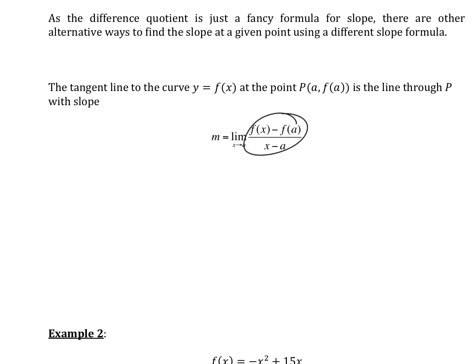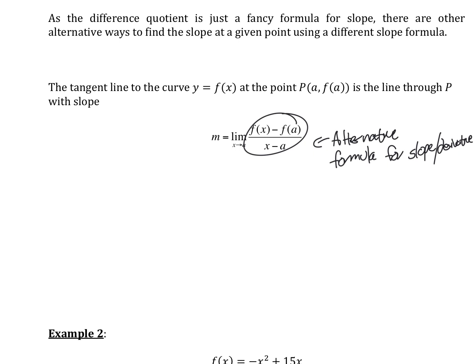It's change in y over change in x, but you can see if you plug in a, you're going to get something over 0, which we cannot do. So this is an alternative formula for slope, and if we take its limit, it's also the formula for the derivative.